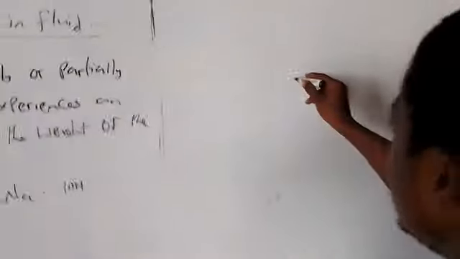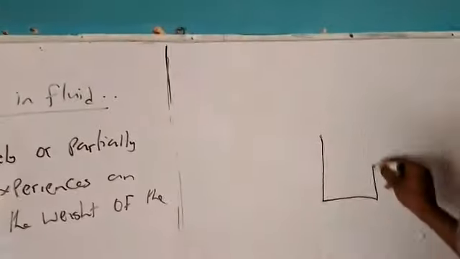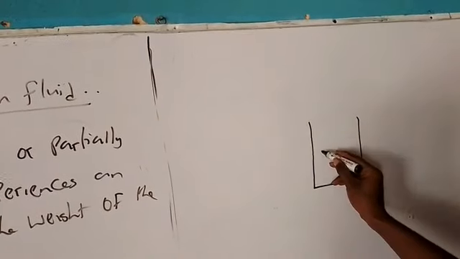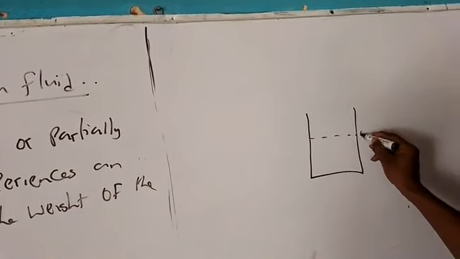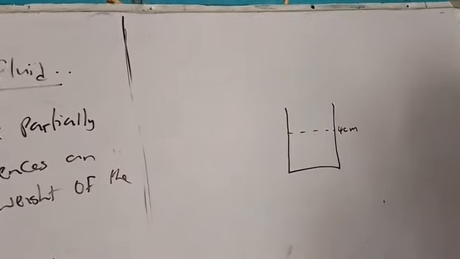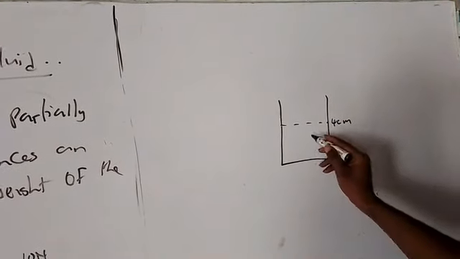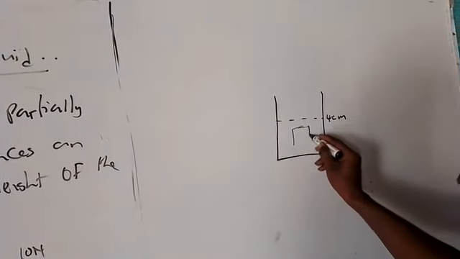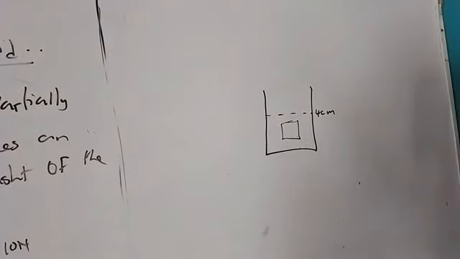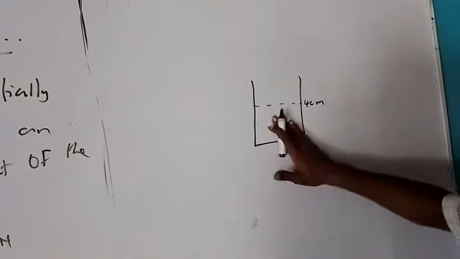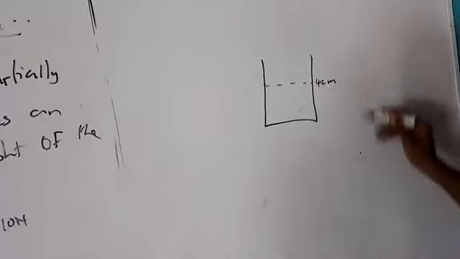Let's say we have a measuring cylinder, and it is filled with water, let's say at 4 centimeters cube. Then we have a body fully immersed in this water. Initially, the volume of this water is 4 centimeters cube.